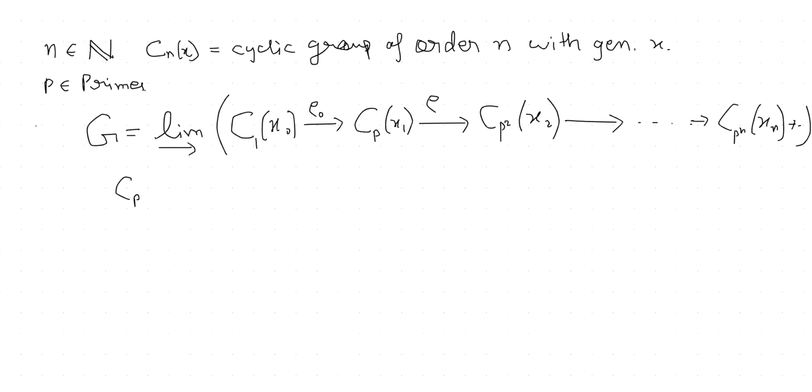And then row n is CP xn to CP xn plus 1 by taking xn to p times xn. Right. Oh, yes, of course.